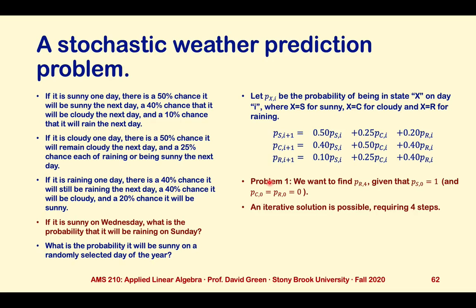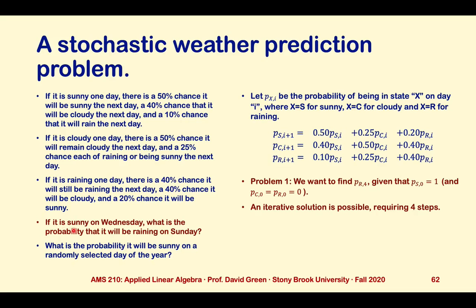So what we really want is to assign numbers to these various days. Let's set the number 0 to be equal to Wednesday. If it is sunny on Wednesday, that means the probability S0, the probability it is sunny on day 0, equals 1, 100% chance. And there's a 0% chance that on day 0, on Wednesday, it's cloudy or rainy.